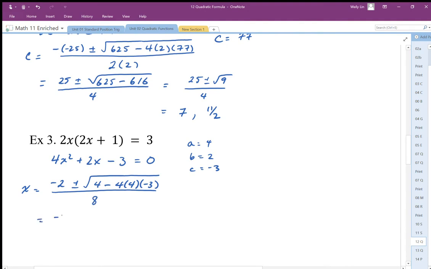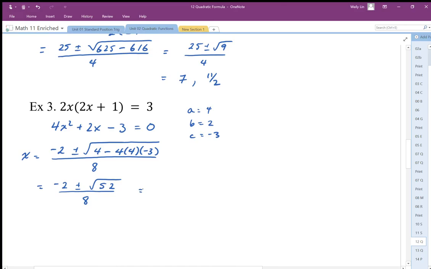Work this all out. So we end up with 4 plus 48, it looks like. So we're going to end up with square root 52 divided by 8. Okay, we really should simplify this. Now that's not a perfect square, so we can just leave it in radical form. We don't really want the decimals because we really should be keeping exact values when possible.